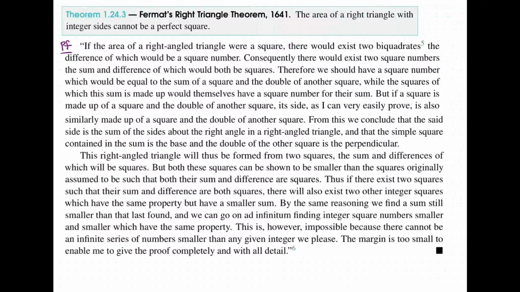And here is Fermat's original proof. This is a translation from Latin of what Fermat wrote down in the margin of his copy of Diophantus' Arithmetica. And right off the bat, he actually does assume something that requires quite a bit of proof.